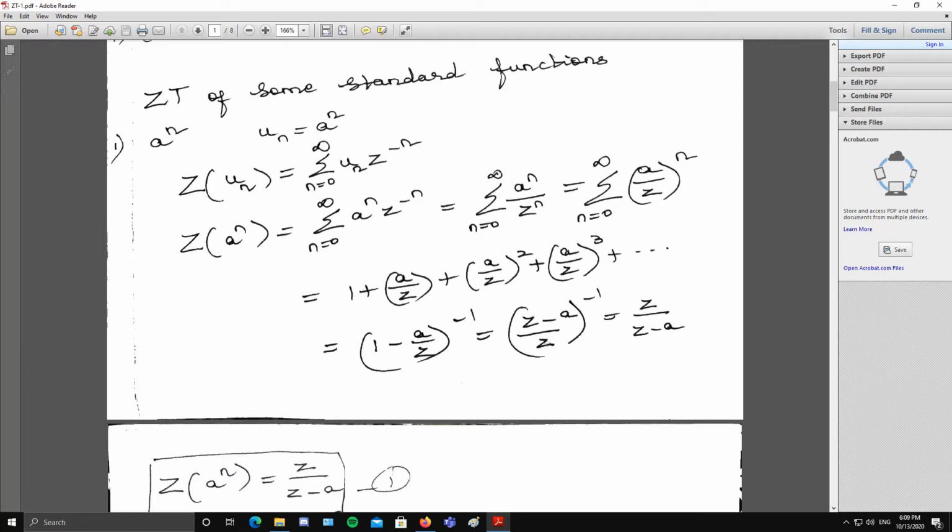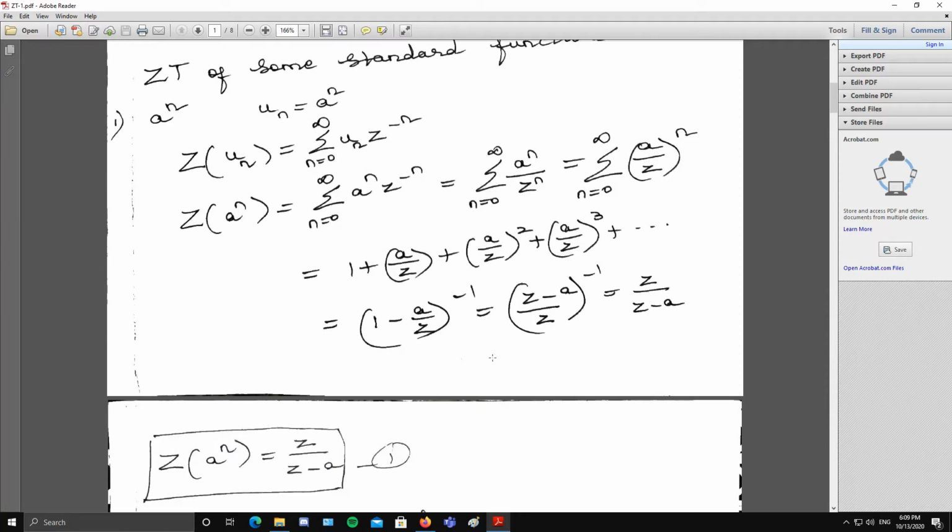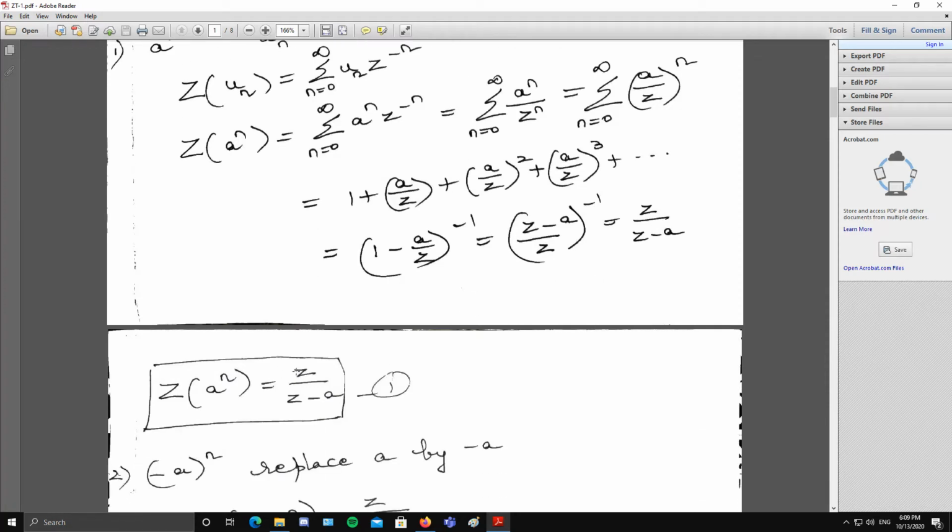So (Z minus a by Z) inverse is same as Z by Z minus a. So the transform of a^n is Z by Z minus a.